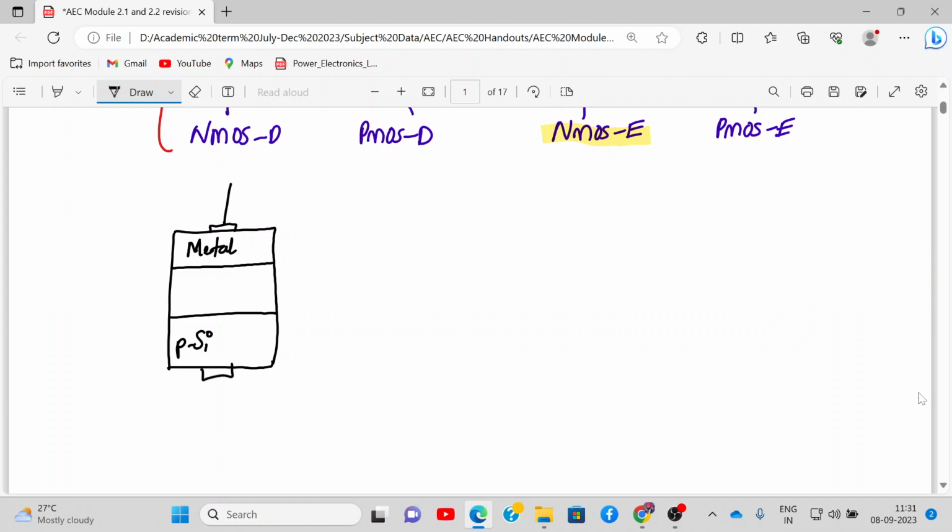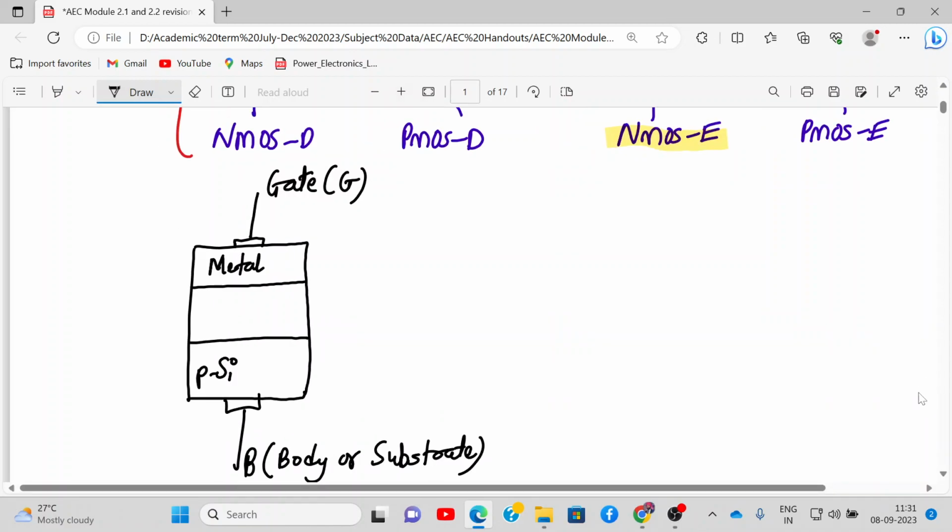This is my base, that is called the B substrate, also called body or substrate. And this is called the gate, G. Now let's understand the working of this two terminal device, and then we'll extend the working to MOSFET. This insulator in between is the oxide layer, SiO2 oxide.